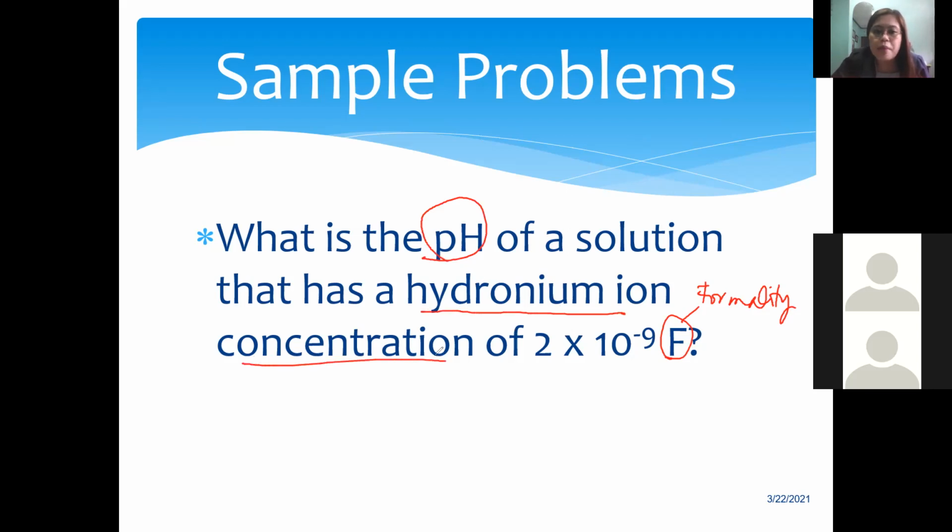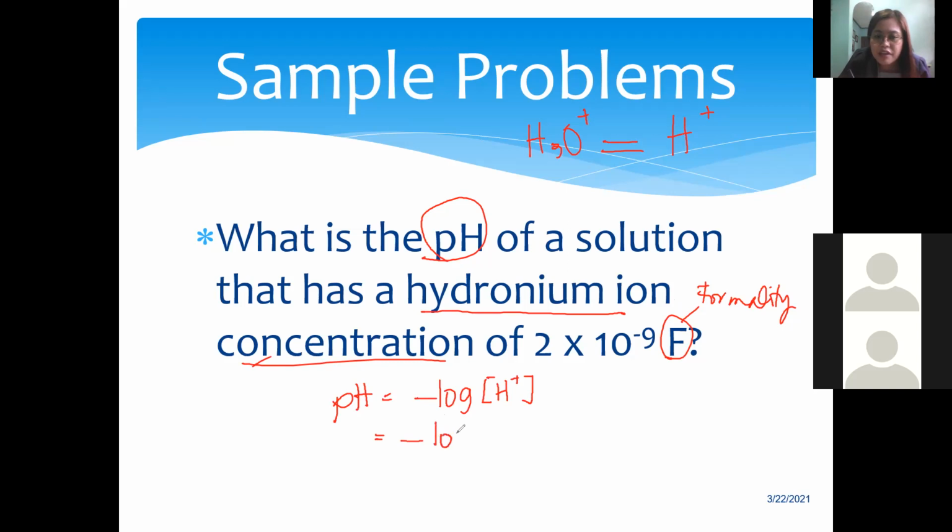So if we look at the problem, we are looking here for the pH, and ang given dito is the hydronium ion concentration. And let me remind you that when you say hydronium ion concentration, it's most likely the same with your hydrogen. So we can still use the formula pH is equal to the negative log of your H plus. So we can just compute automatically.